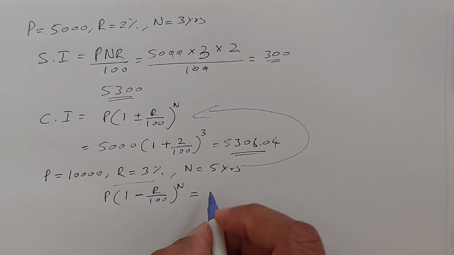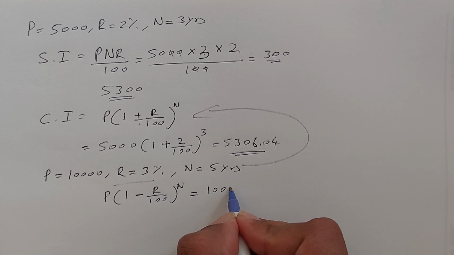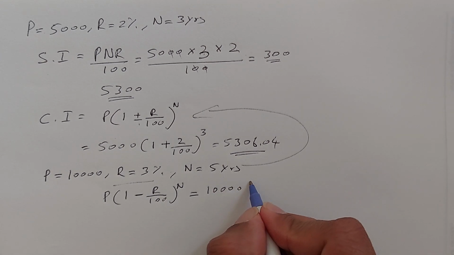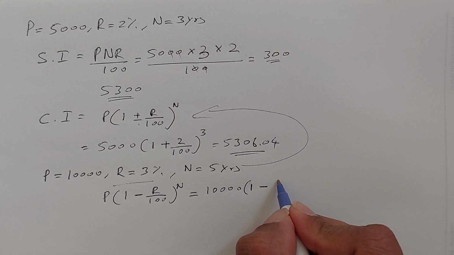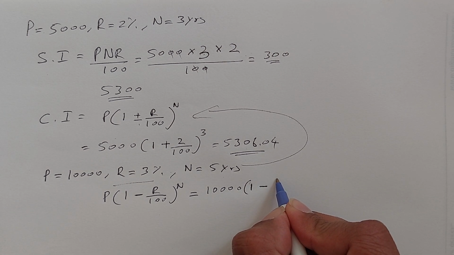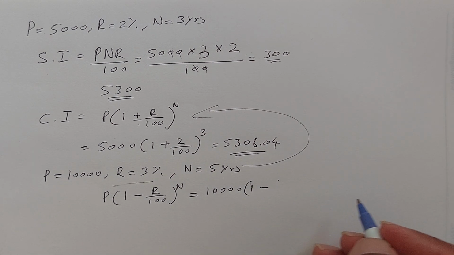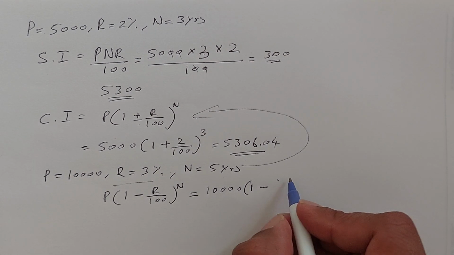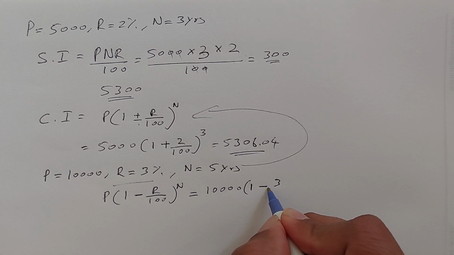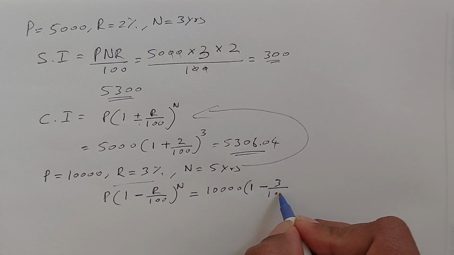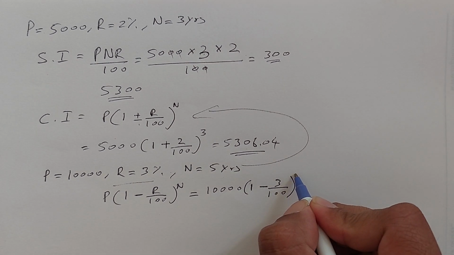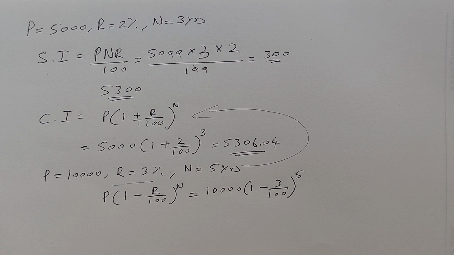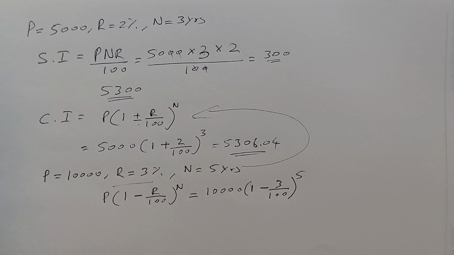So let's see, our principal value is, we bought the car for £10,000, 1 minus the rate of interest, which means per year the car is going down by 3 over 100, and whole power number of years is 5 years, right? So let's put the same thing on the calculator again.